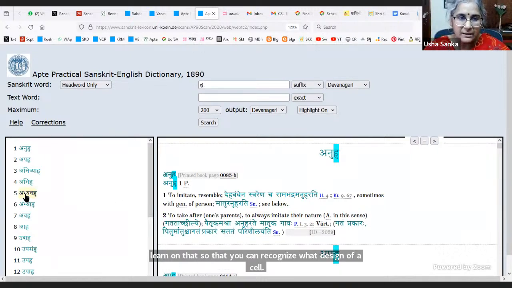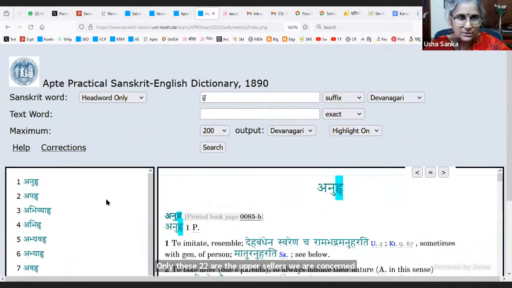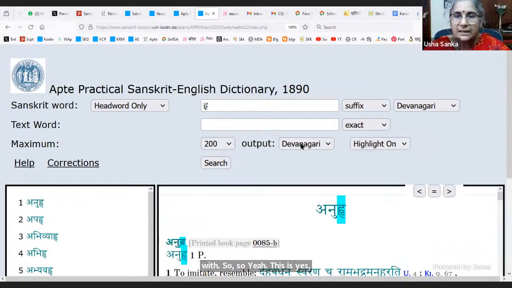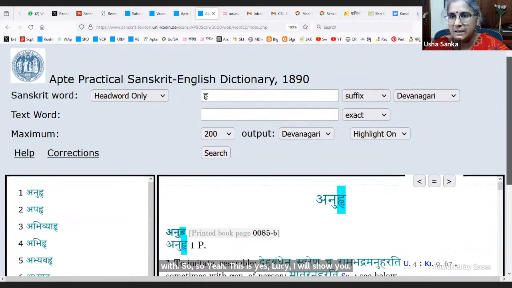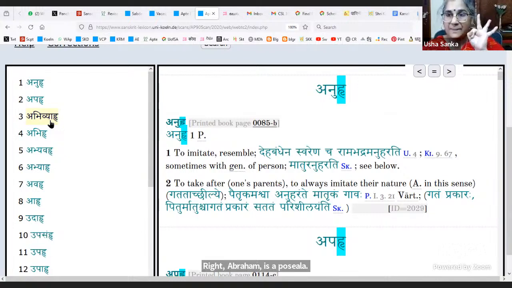So abhyavahr. So this is apahr. I will show you. Anahra is not an upasarga. Apahra is an upasarga. Abhivyahra is an upasarga. Abhi, vi, a: three upasargas are there. Abhigra, abhyavahr. Abhi, ava.